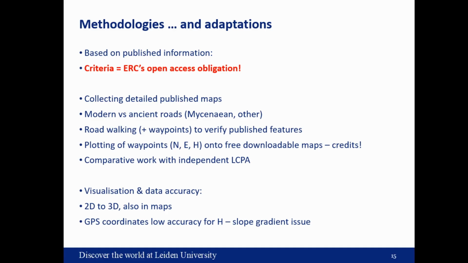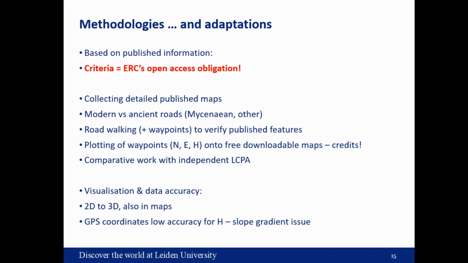We plotted those on free downloadable maps, so it's important there that you credit where they come from. And at the same time, we also wanted to triangulate our data with comparative work with independent least cost paths. So the issue here is the visualization of what we did from 2D to 3D with the FOSS help in the process.